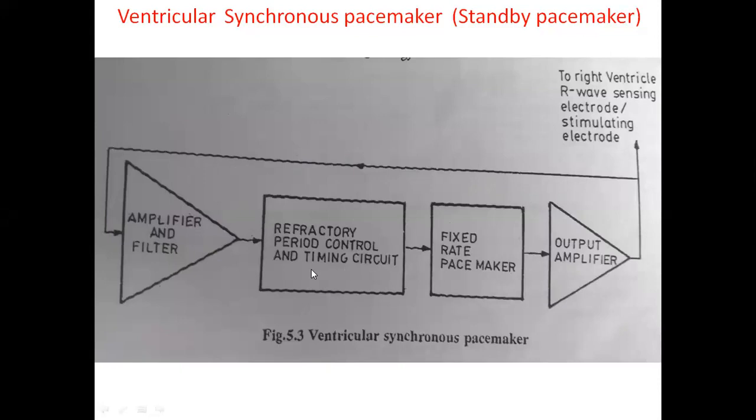If there is any deviation between the sensed signal and the reference signal, then this timing circuit will produce a signal. That signal will trigger the fixed rate pacemaker, that is a ventricular asynchronous pacemaker, which generates pulses with a fixed rate, you can call it the preset rate.